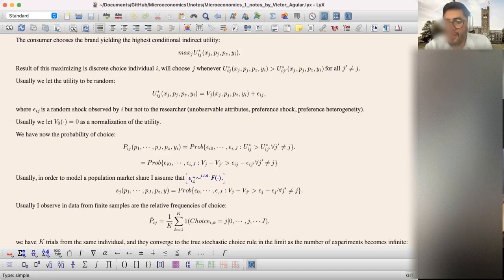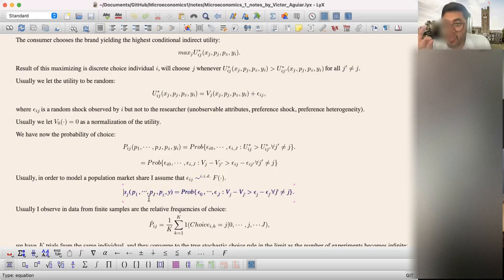Do you understand? So once you do that, and given some fixed distribution F, unknown to the observer, now we can compute instead the share of j. This is the share of people in the population, the fraction of people in the population that buy Honda. And this of course depends on the prices from 1 to J, so from all alternatives including Honda, on the price of the outside good, and on the income.